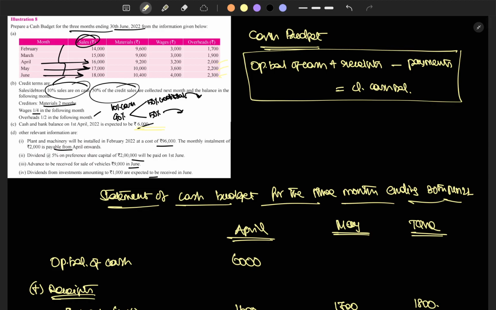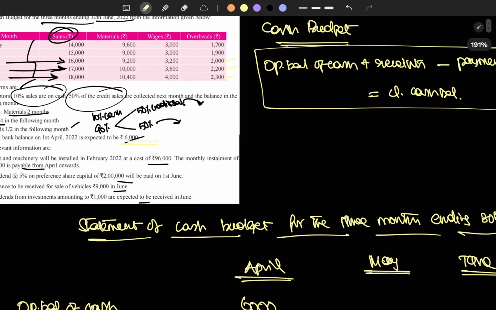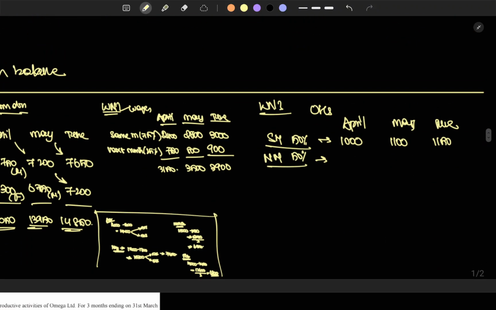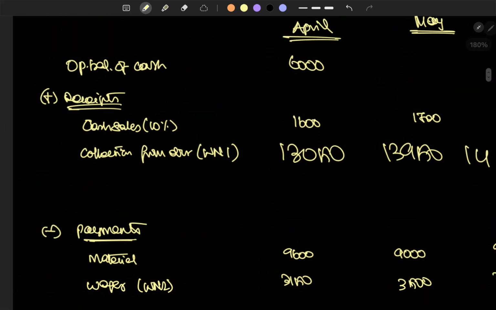1,900 divisible by 2, which is 950. 950 comes here. 1,000, 1,100. Let's total it up. 1,950, 2,100, 2,250 is the overheads.